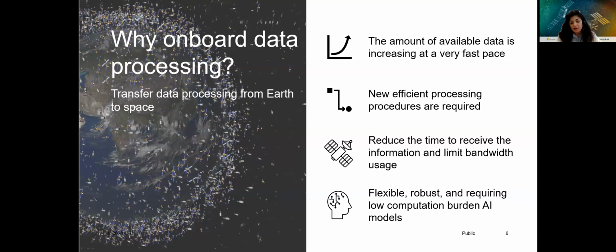And the main advantage in onboard data processing is represented by two main points: reducing the time to receive the information, because we can extract directly on board the information instead of the raw data, and also limiting bandwidth usage, because we can, for example, send to the ground compressed data or only the information, which are lower in terms of amount of data compared to the original data.